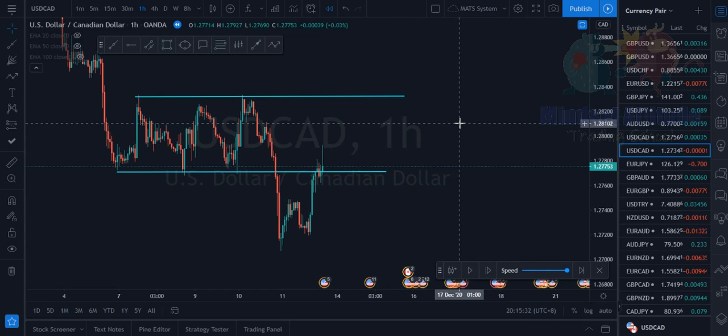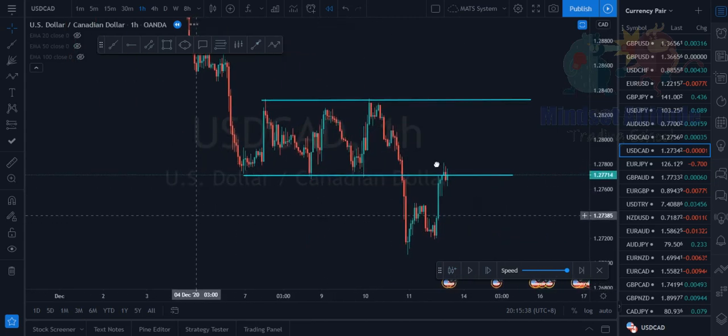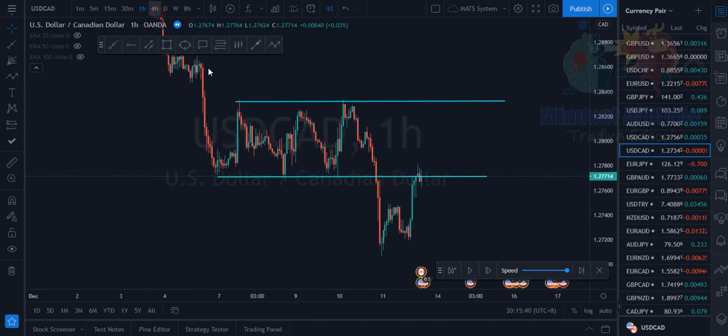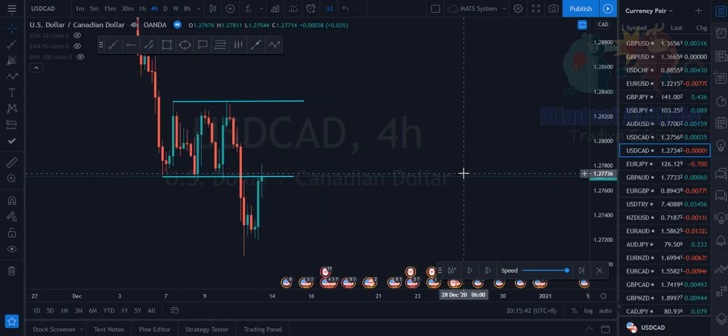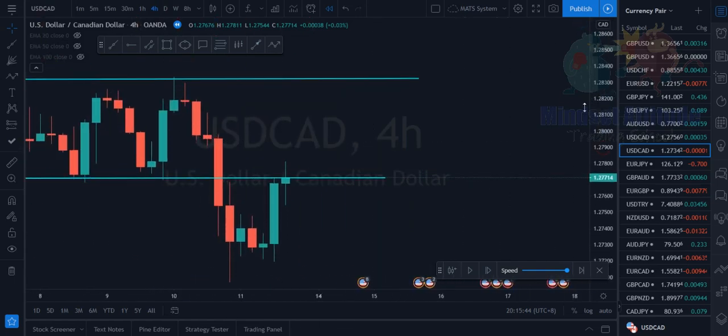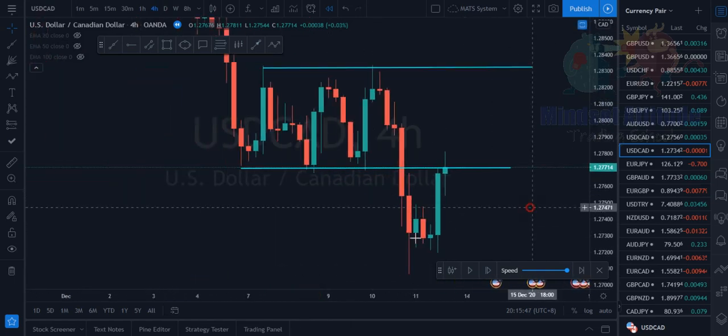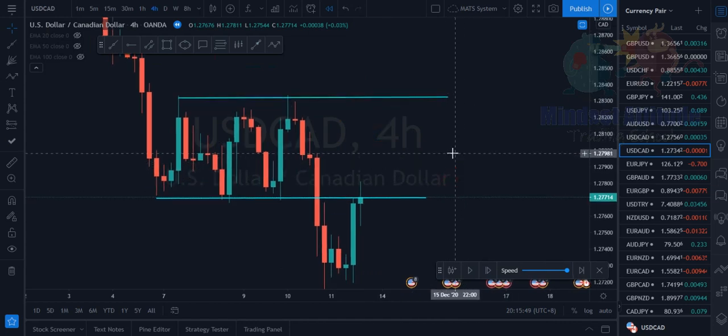If I reverse a bit, I'll show you. If we take here, we look slightly at the higher time frame. What we can do is wait a bit longer. See, comparing a 3 hour with a 4 hour, a 4 hour close is much better than the 1 hour close.